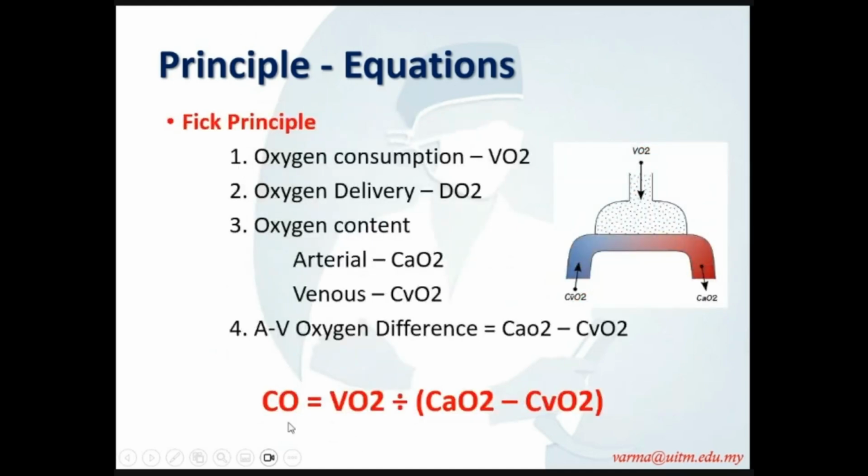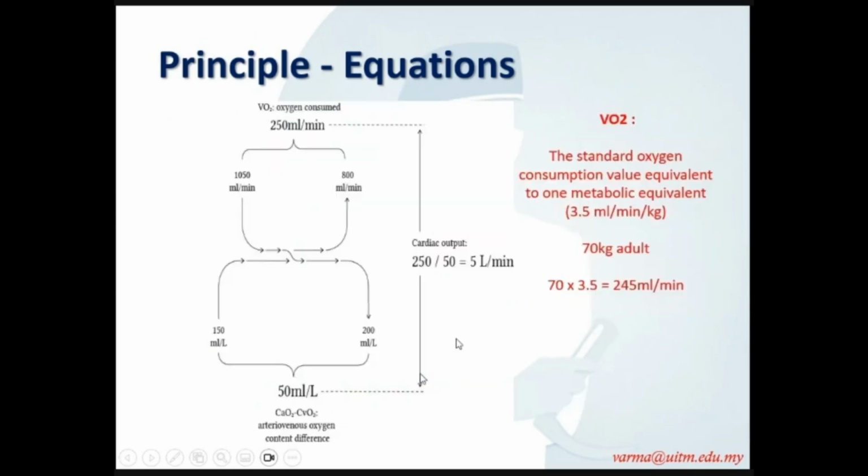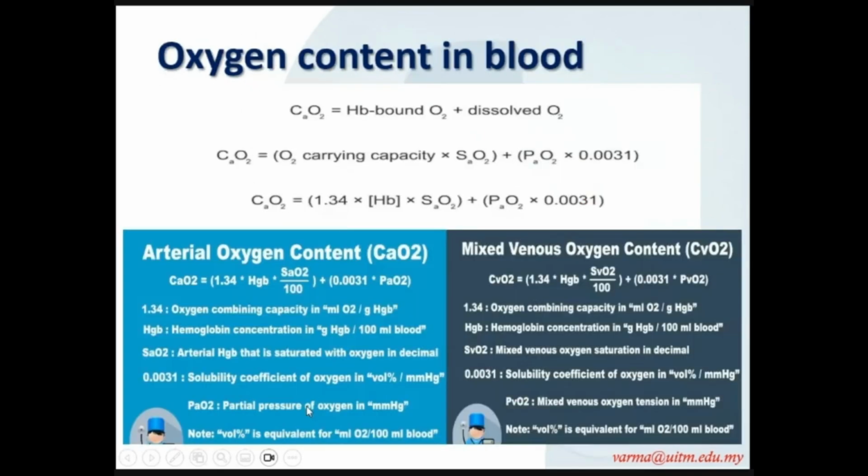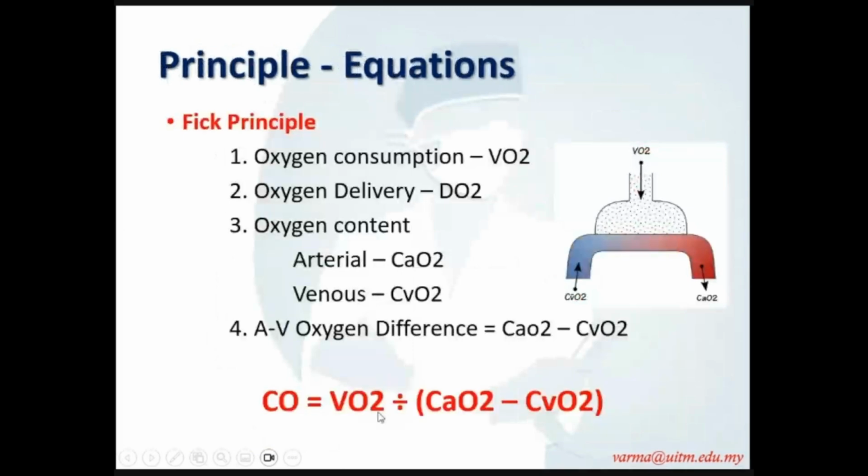To find out the cardiac output, you have to know this VO2, which is the oxygen consumption, and the arteriovenous oxygen difference. If a patient's weight is given, you just multiply by 3.5 ml and you will get this value. So now the numerator you have. Now you're looking at the denominator, where you want to know the arteriovenous oxygen difference.